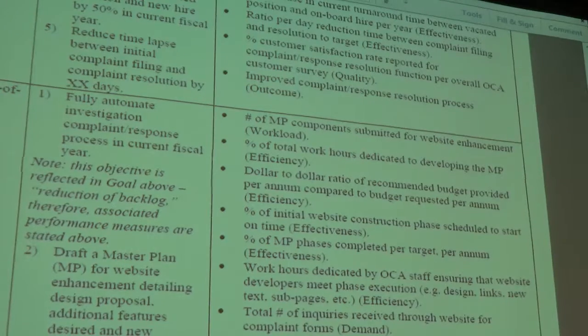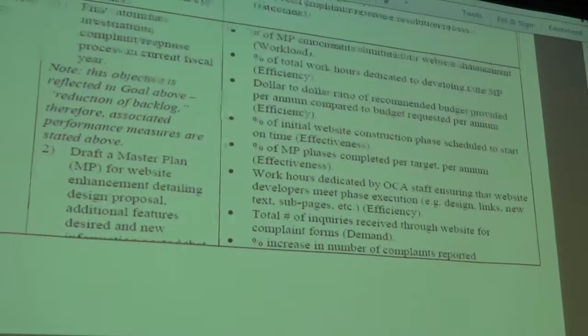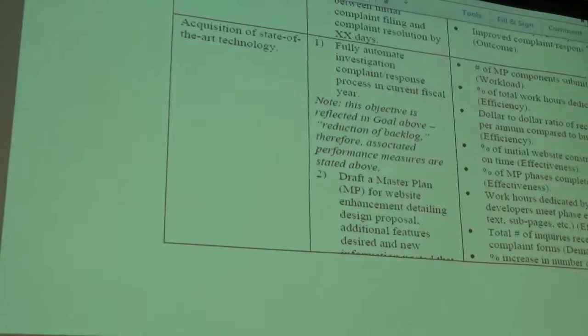That's the efficiency measure, dollar to dollar ratio, recommended budget provided per annum compared to budget request per year. And we have workload hours dedicated to OCA staffing, ensuring website developers meet phase execution. So we looked at efficiency, demand measures, and effectiveness measures for each function.